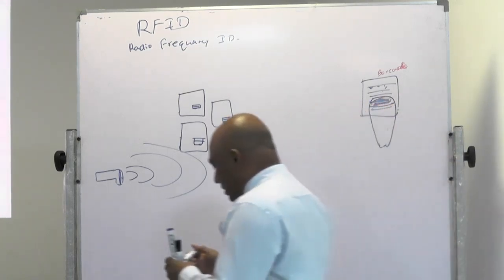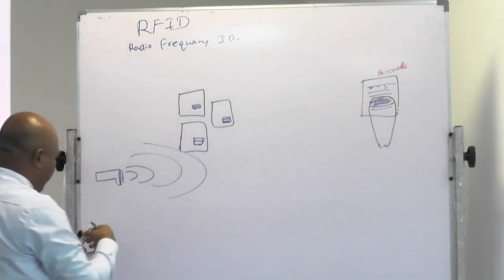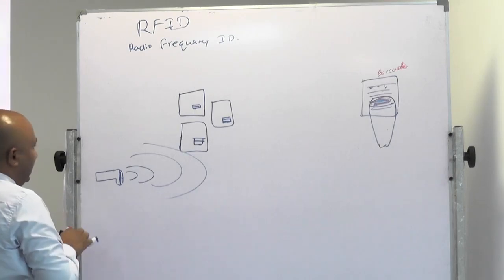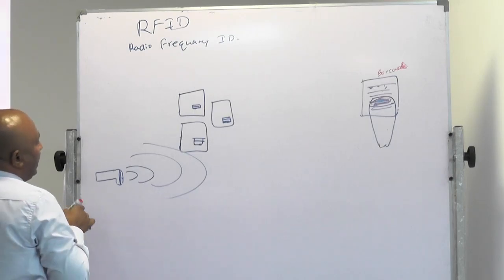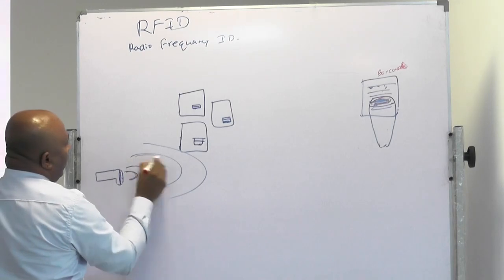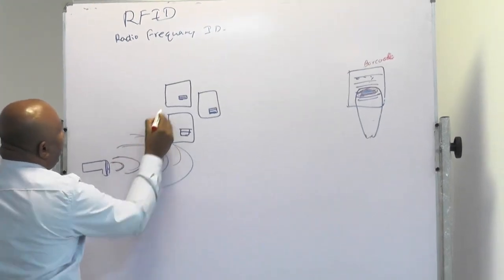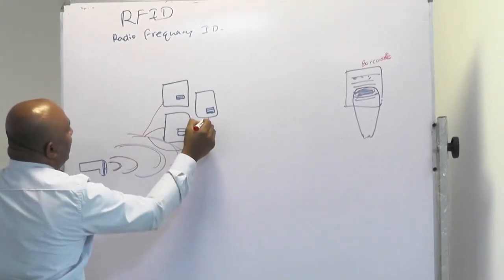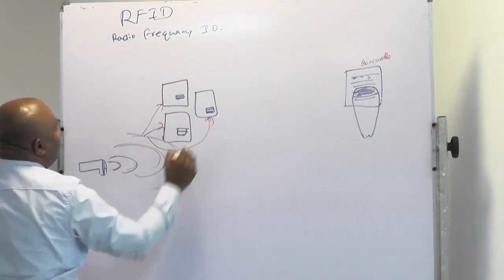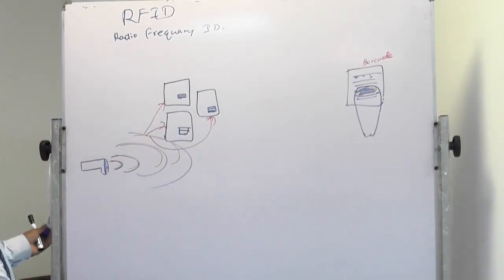But with RFID, the reader gives the radio signal and identifies all of these items at once.